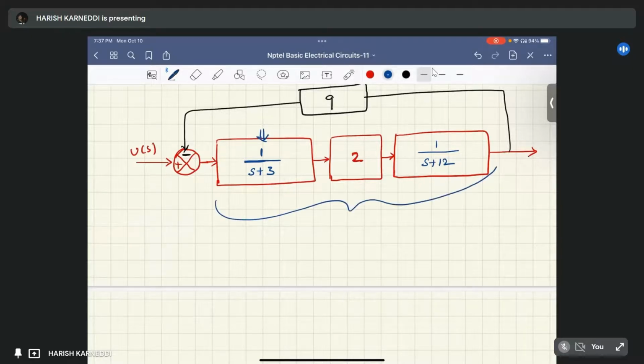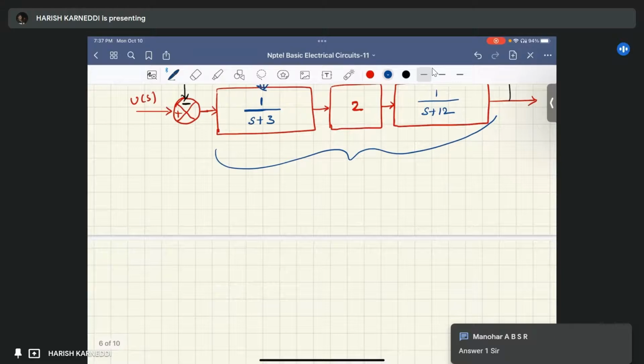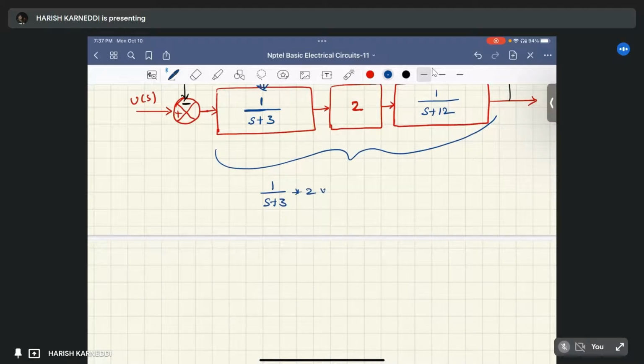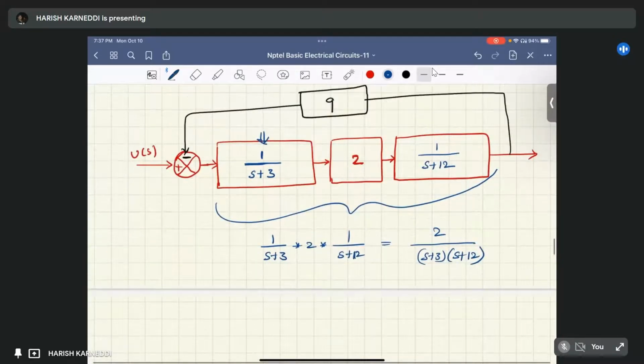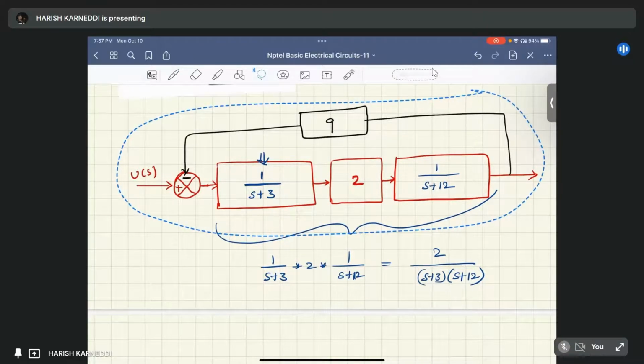Okay, here these three gain blocks are connected in series. So the equivalent gain is the product of these three gain blocks, right? It means 1 by s plus 3, into 2, into 1 by s plus 12, equals 2 by s plus 3 into s plus 12, right? So we can redraw this thing.